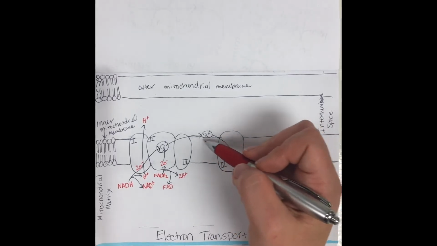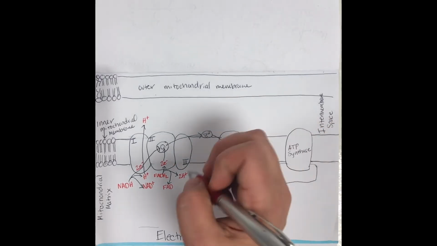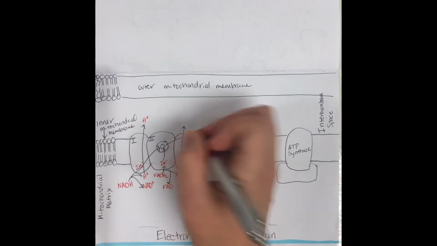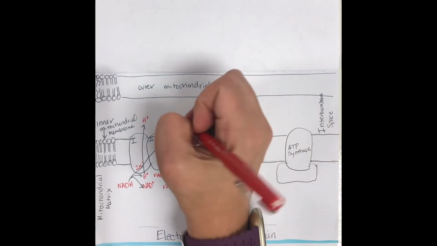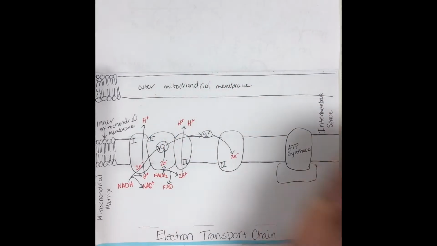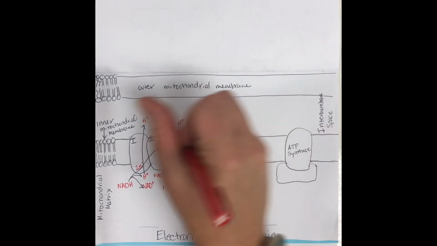When this cytochrome C and Q move through the 3rd complex, they're going to take these hydrogens and pump them over to the other side. Okay, so we're going to end up with hydrogen plus, hydrogen plus. All right, so what are we starting to accumulate here?